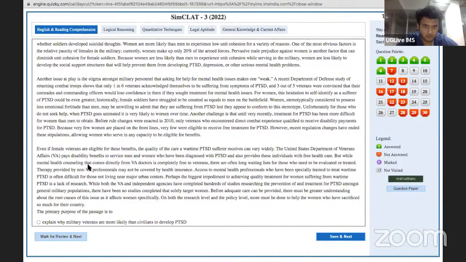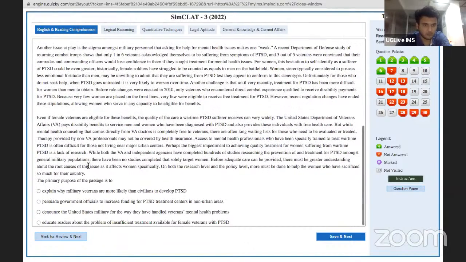ठीक है. ठीक है, primary purpose of the passage तो मेरे को मिल गया है. What do you think is the primary purpose of the passage, guys? It has to be... can't be B and C. Between A and D, what do you think should be the answer?